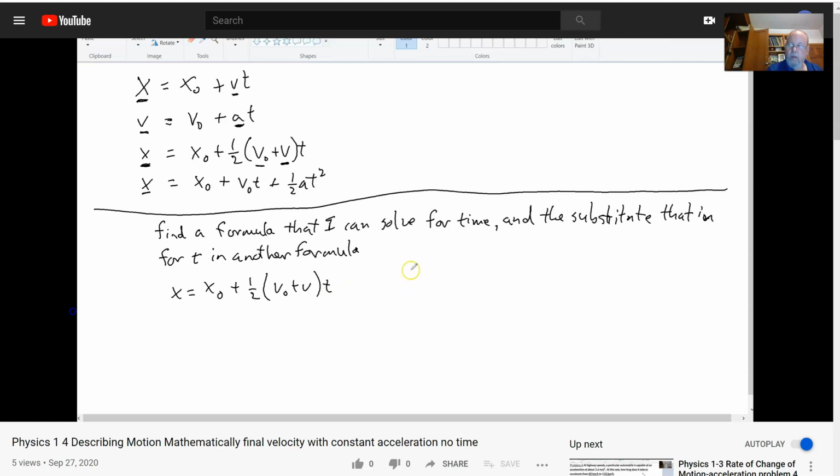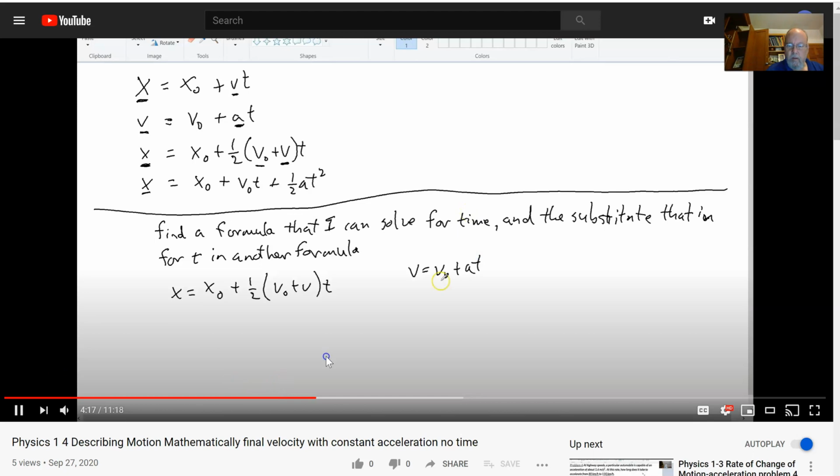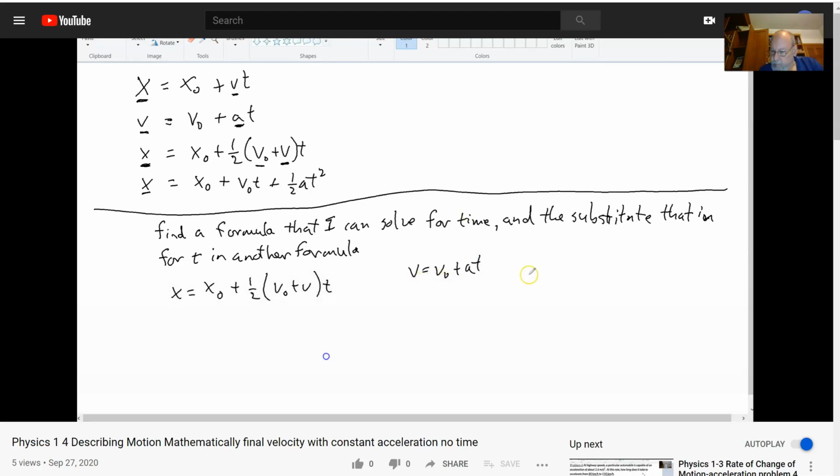And so if we start with v equals v0 plus at, we can solve for t by first subtracting v0 from v, okay, and then dividing by a, and that will give us t equals v minus v0 over a.